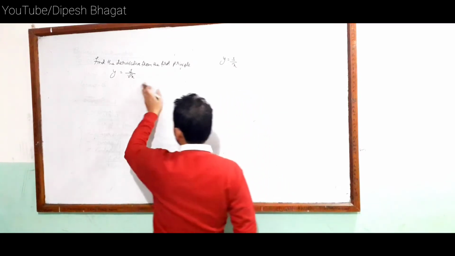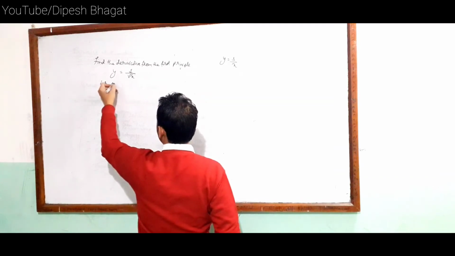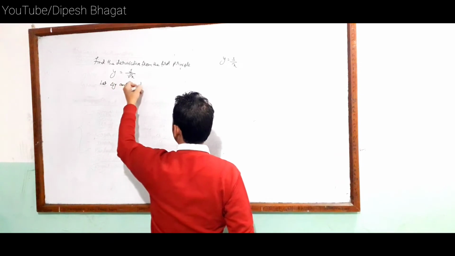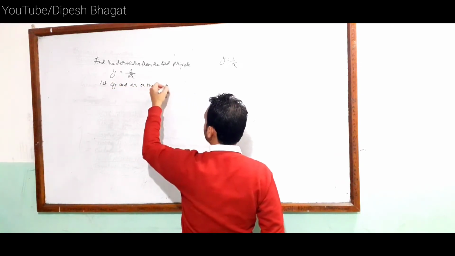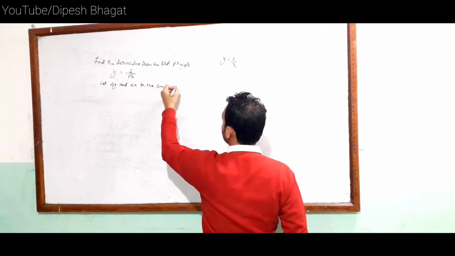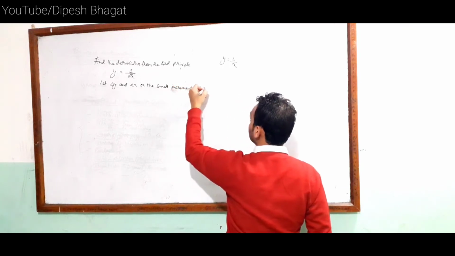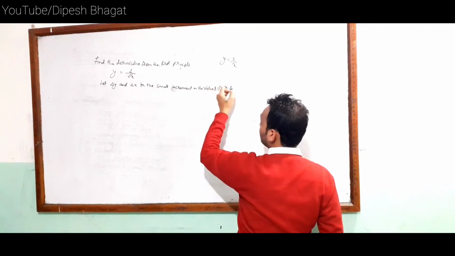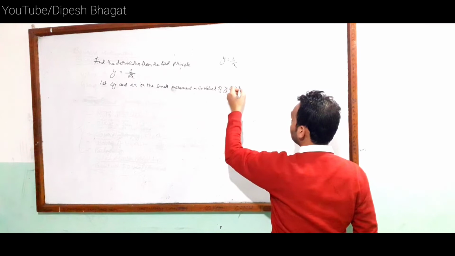So have a look. Let delta y and delta x be the small increments in the values of y and x respectively.